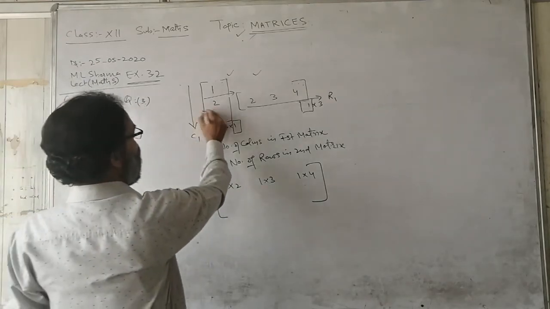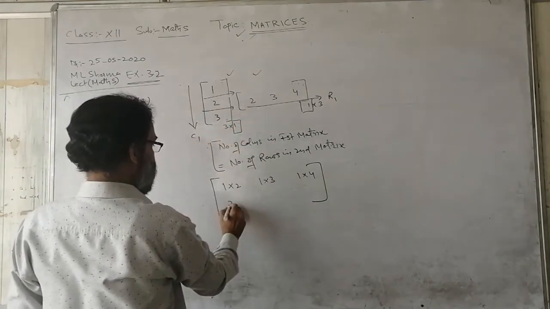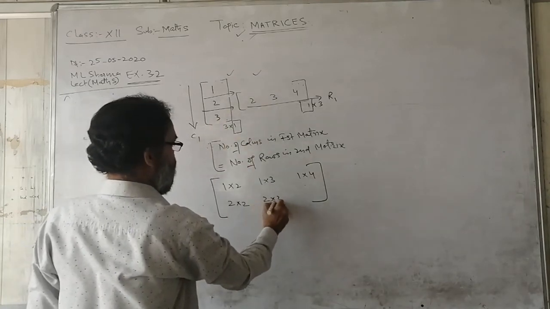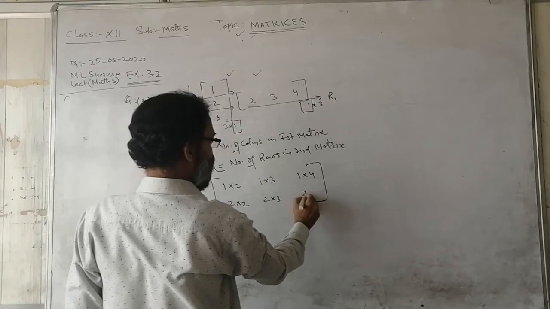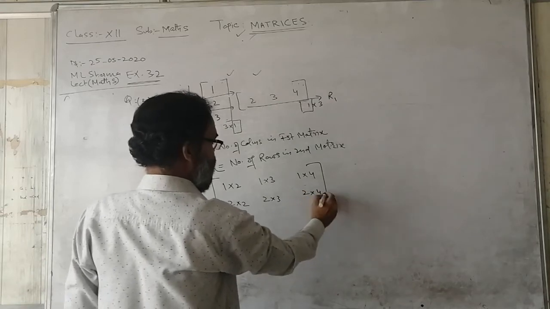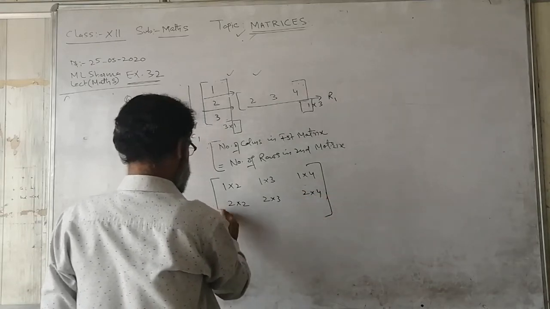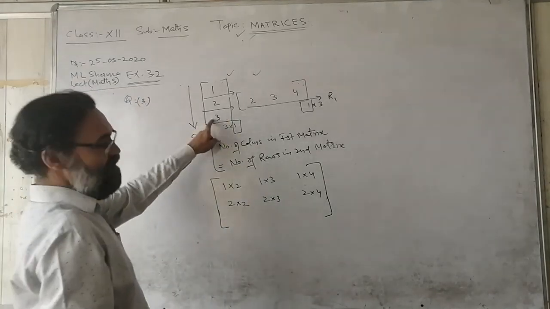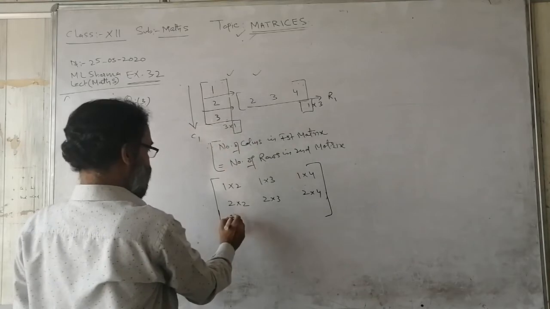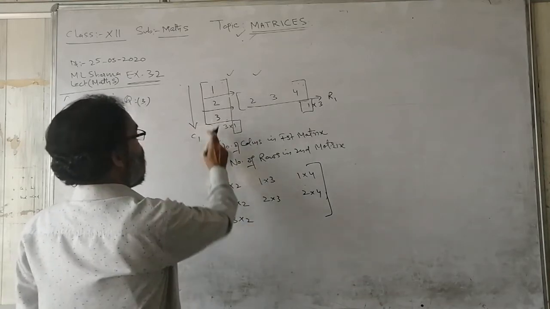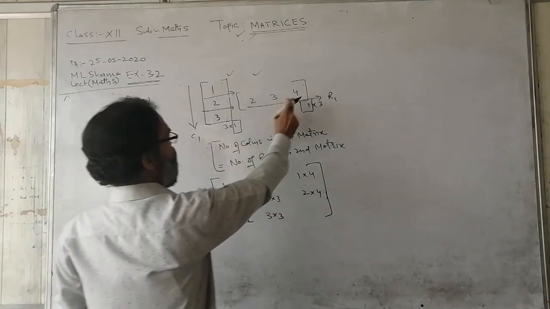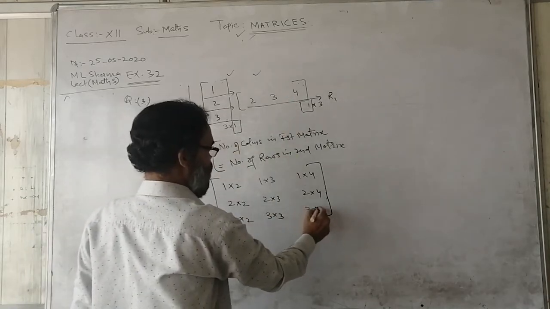In the second row, 2 into 2, then 2 into 3, then 2 into 4, and lastly the third row, only one element, 3 into 2, then 3 into 3, then 3 into 4.